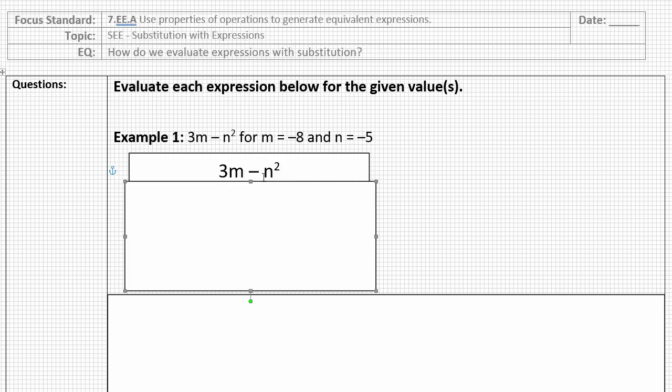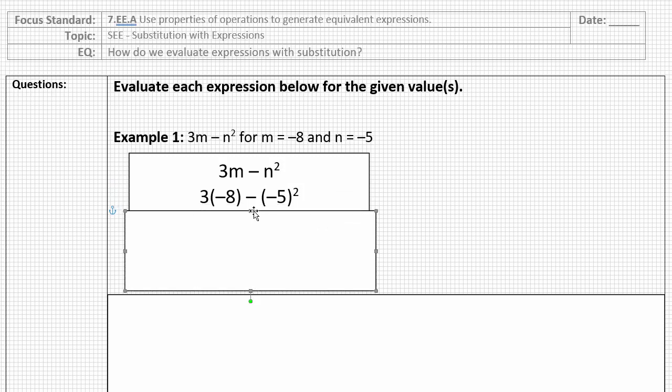And then we're going to write it again, now substituting in these values for the variables using parentheses to note that we've substituted in those values. So our expression now looks like 3 times the quantity negative 8 subtract negative 5 squared.